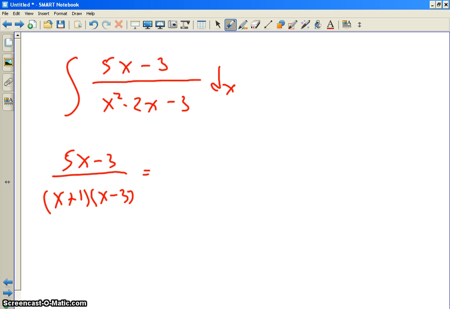All right, there's a result from linear algebra, which I'm not going to prove right now, that says if you have 2 linear factors, you can break this up as 2 fractions with those denominators. And you can preserve the degrees.